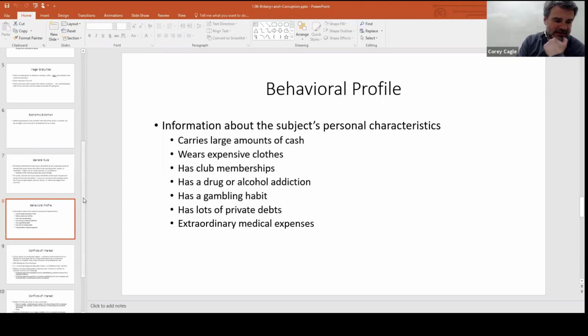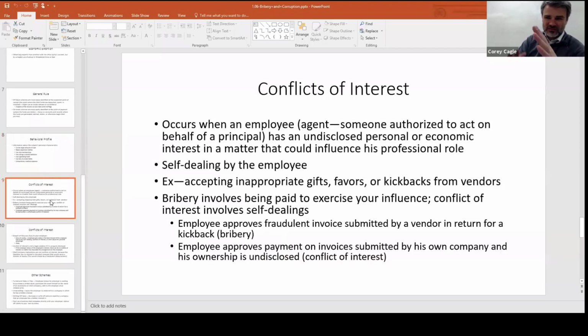And then finally, conflicts of interest. This is a good testing area too. Y'all probably know that from audit class and things like that. People like to ask these questions. I'd say the main point with conflicts of interest, the key is, for there to be a problem, it's undisclosed, all right?